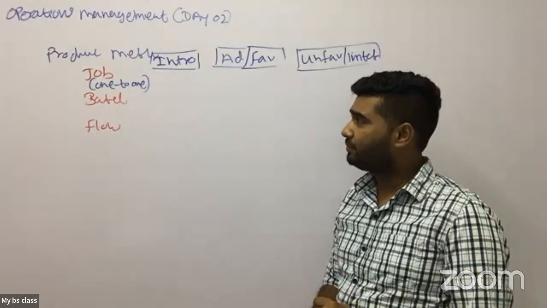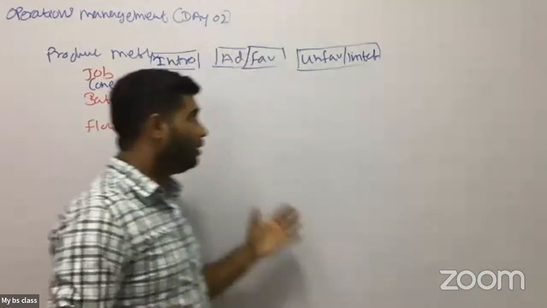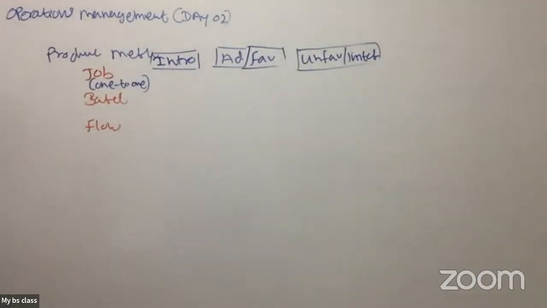So got that one. So batch and flow also, we need to follow the same order, right? So an intro, some favorable characteristics and unfavorable characteristics. So what else? Okay guys, first start with the job production. Could you please come to page number 9 of the tute.